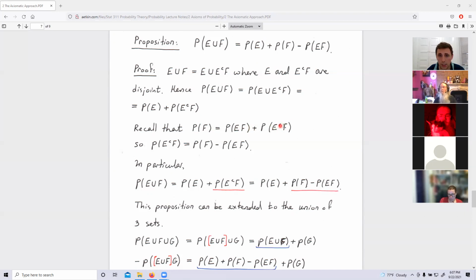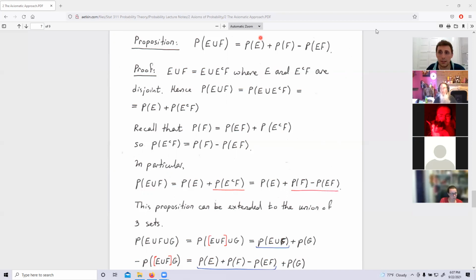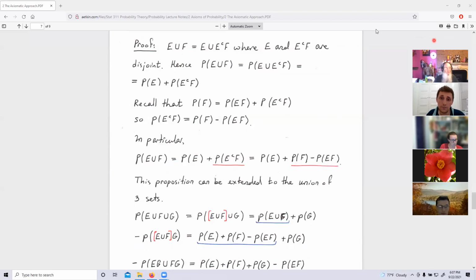So the probability of E complement F is the same as the probability of F minus the probability of EF. Here we have that line. So we just plug it in and we have our proof complete for unions of two events. Yes? It should be simple practice, guys. It's logic. Something that in this day and age fails.